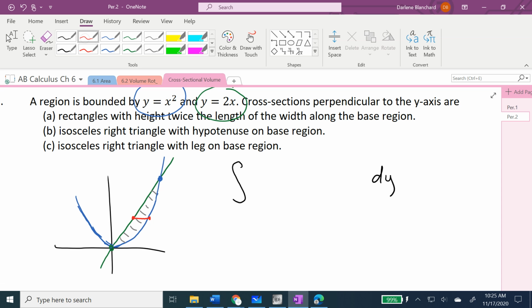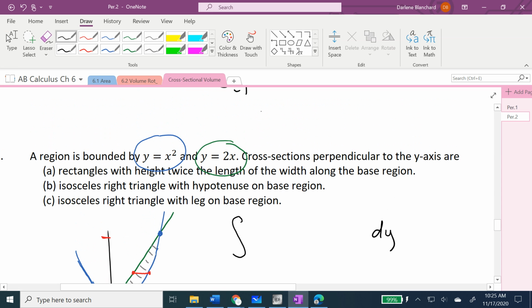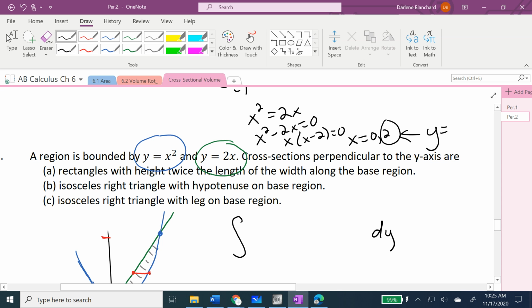That means I need to make sure that I find the y coordinates of intersection. I can see that 0 is one of them. And then I'm going to real quickly just solve: when x is 2, the y coordinate that goes with it is 4.